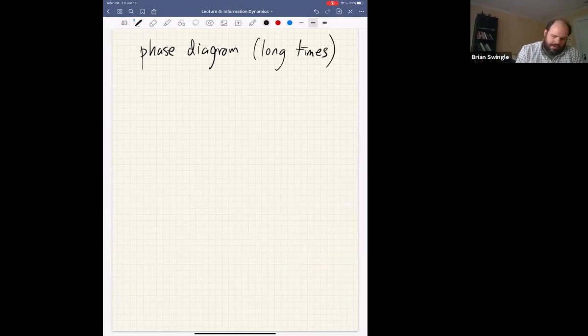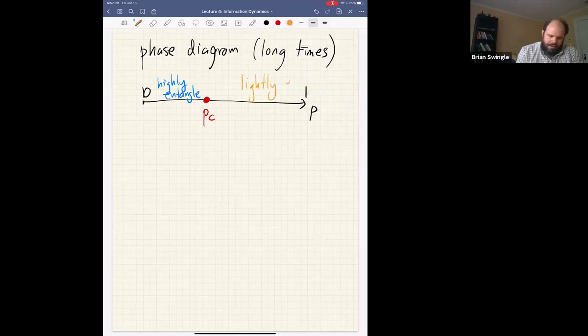As a function of p, at 1 and at 0, you have a critical value, p_c, and here it's highly entangled, meaning volume law. And here it's lightly entangled. So this is area law. This is volume law.